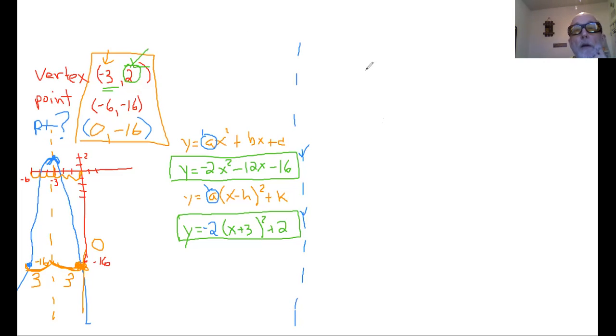So let's start with the problem here, and then we'll go clean out the equation. They're going to give us a vertex, and a point. And then we have to find another point. We don't know what that is, so we'll just leave it right there.